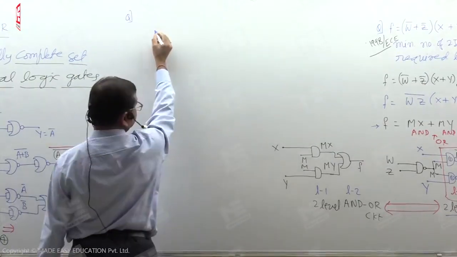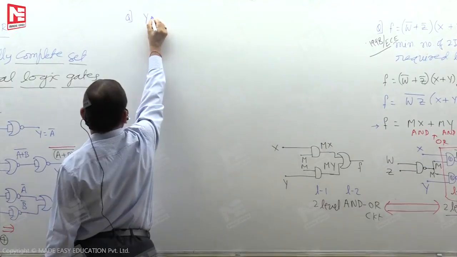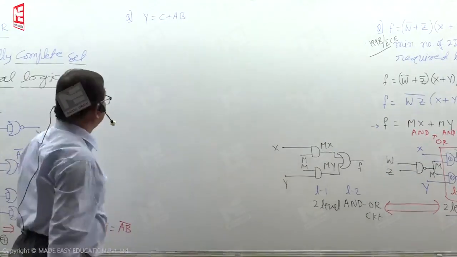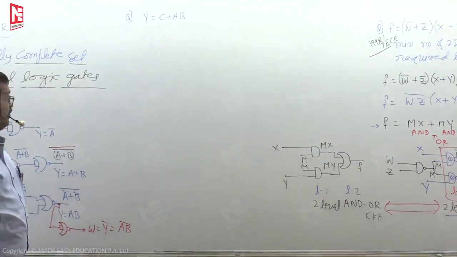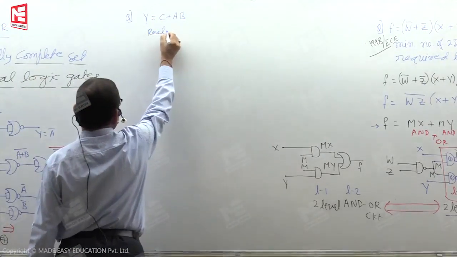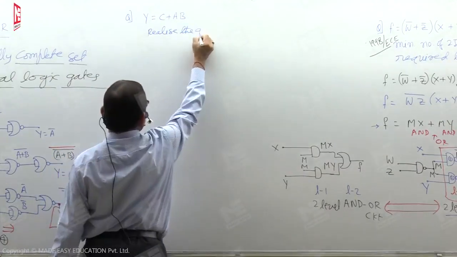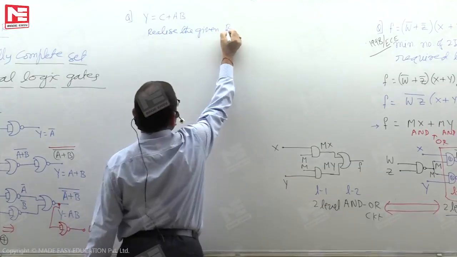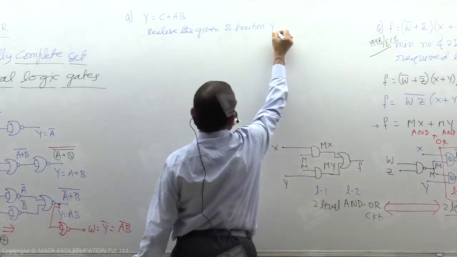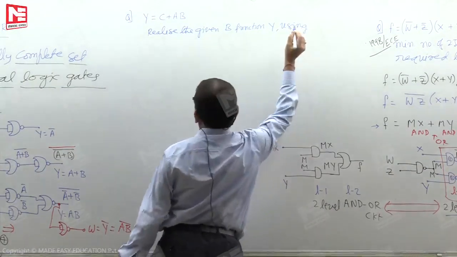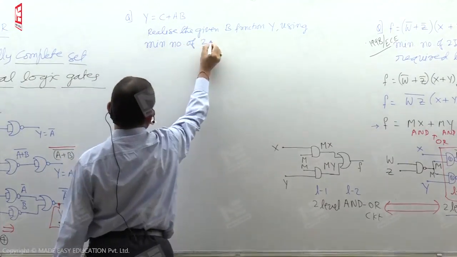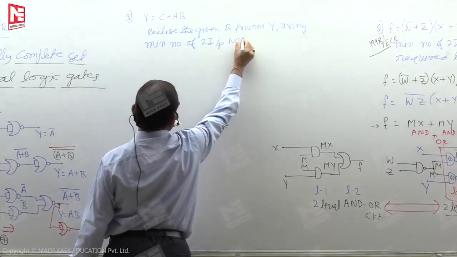Next question: realize the given Boolean function Y using the minimum number of two input NOR gates.